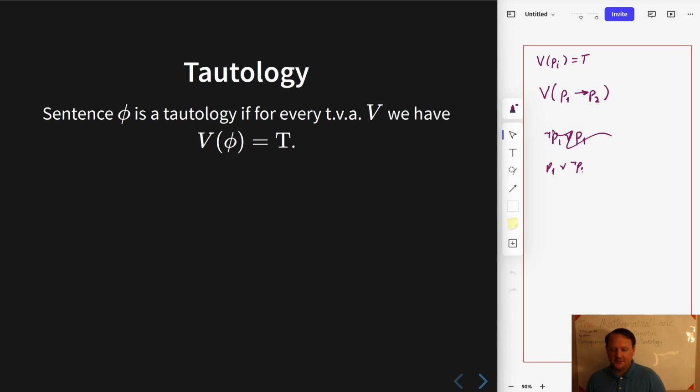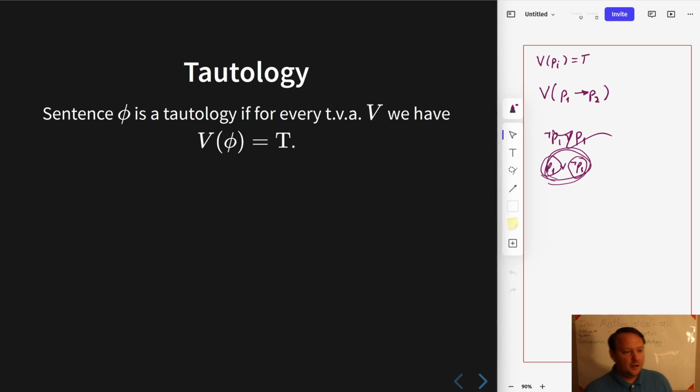It's just one of the simplest available tautologies. If you give me any truth value assignment, all I need to know is the assignment it makes to P1. If it makes P1 true, then this part is true and the whole thing is true. If it makes P1 false, then this is true, and therefore, again, the whole thing is true.